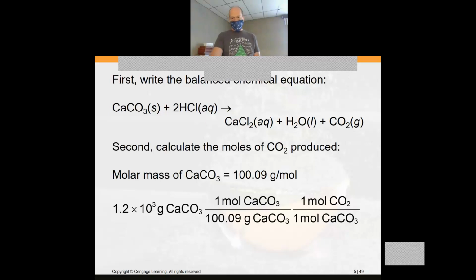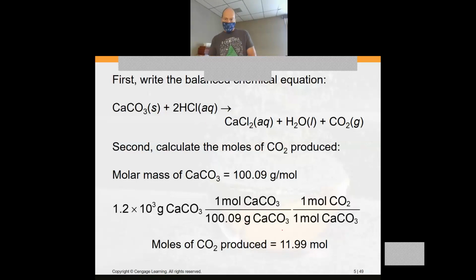So there is the setup there, 100.09. Then your moles to 2 sig figs would be 12. So you're going to get 12 moles of CO2 produced. Now we have everything we need to solve for the volume.